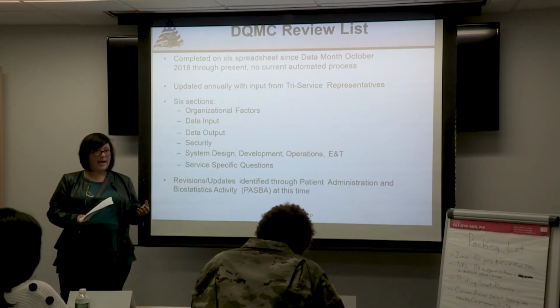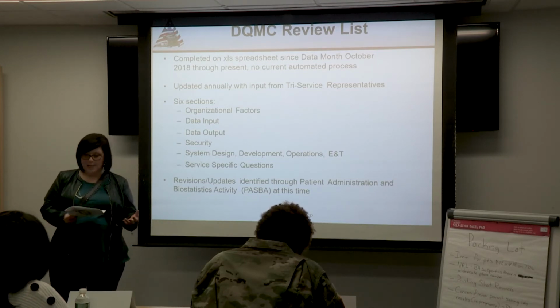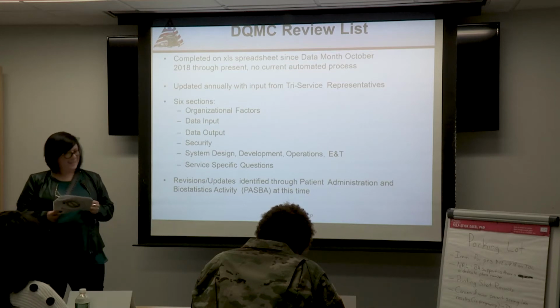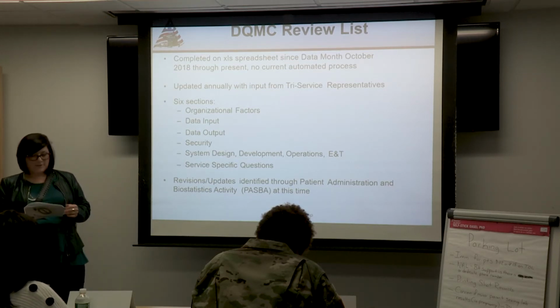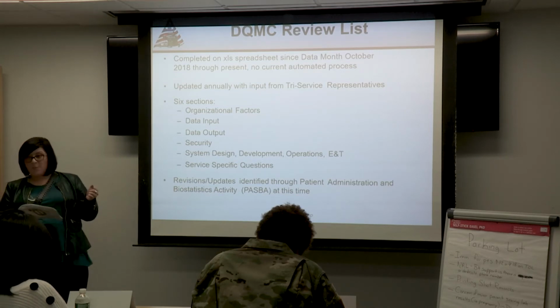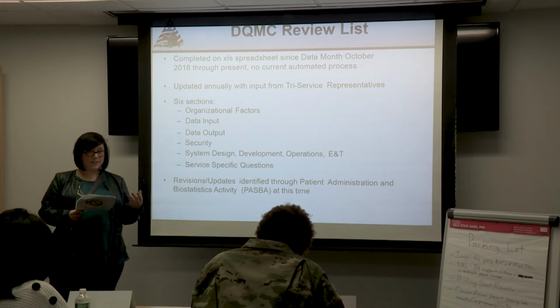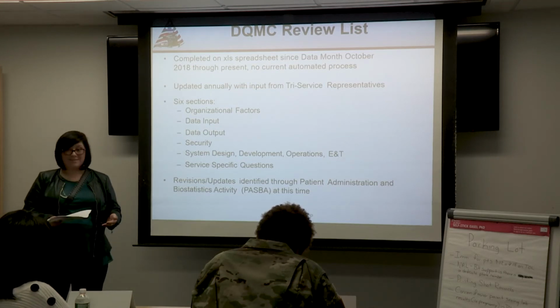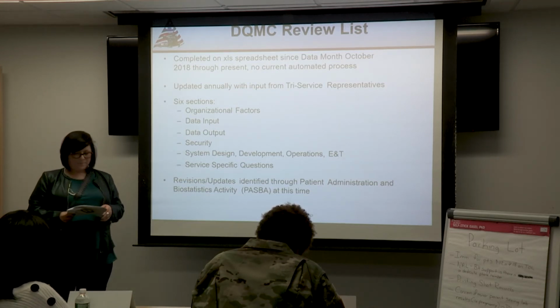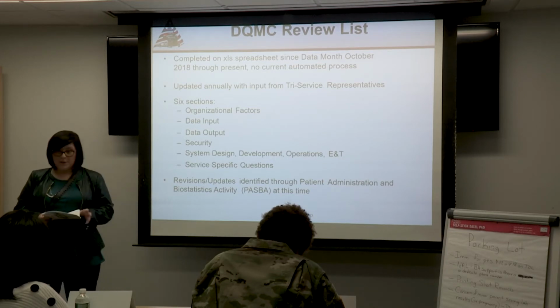Recently we have been given new implementation guidance, and we'll talk about that a little bit later. The 6 sections include our organizational factors, our data input and our data output, security, our system designs, because that's all important when we document everything online, is it not? And our service-specific questions.